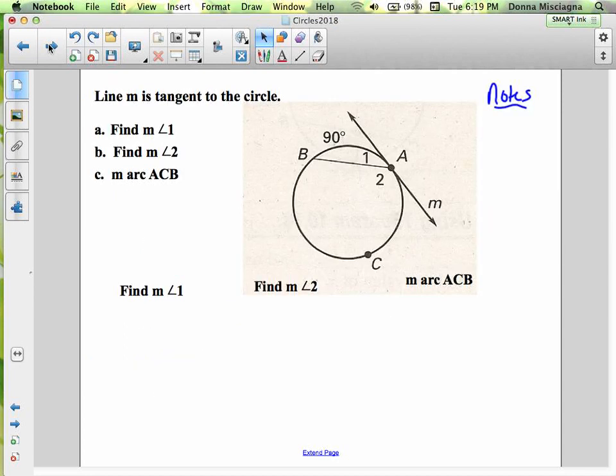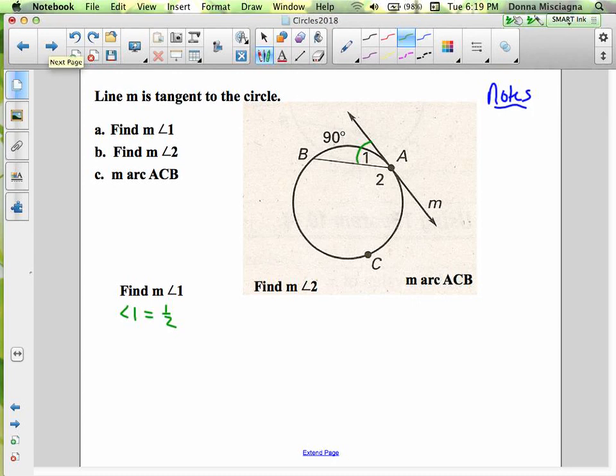All right, so we want to find the measure of angle 1, and you have everything in your notes. Angle 1 is right here. Angle 1 is going to be equal to half the measure of arc AB. Arc AB is the intercepted arc, and I'll outline that so you can see it.